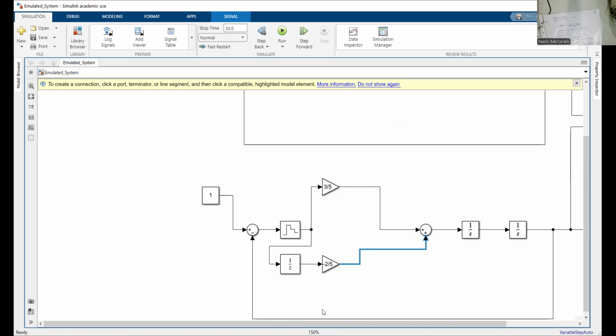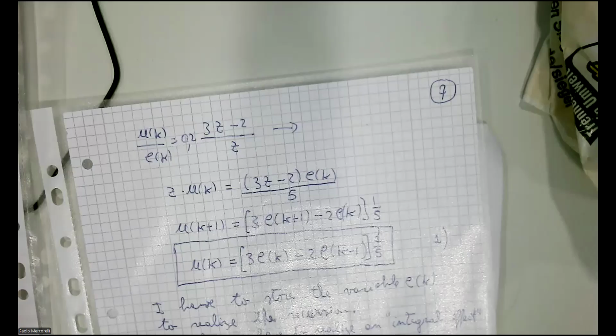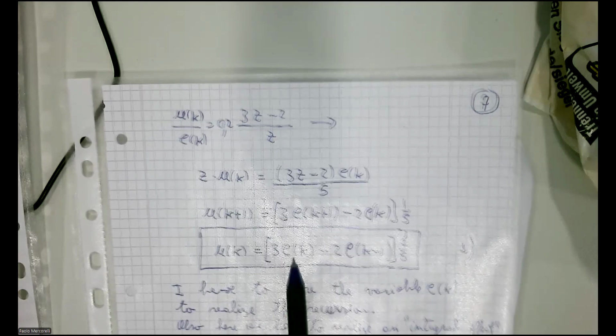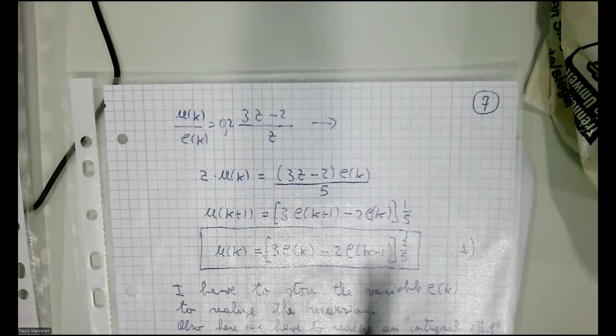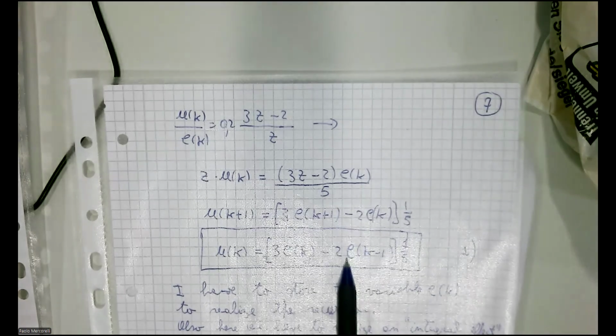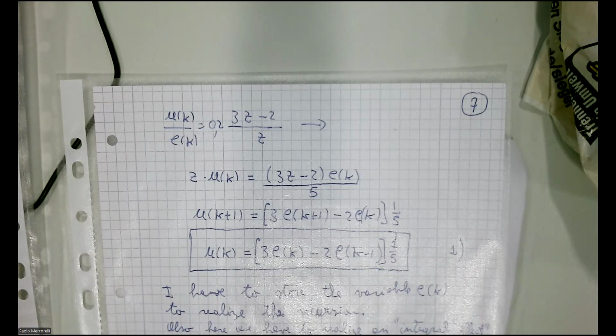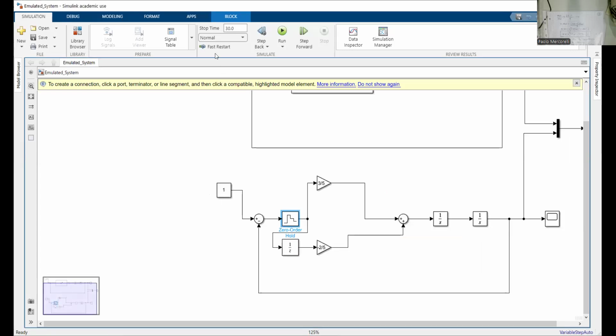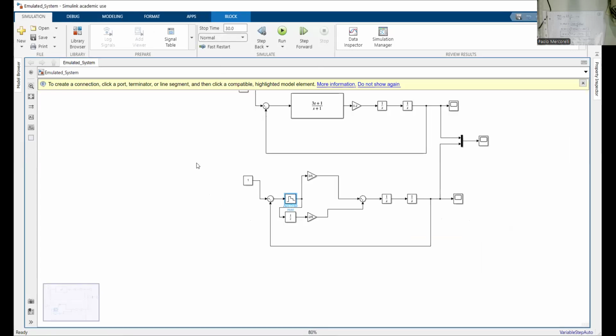Let me see. That is 3 divided 5 multiplied by e of k, not delayed, minus 1 divided 5 multiplied by e delayed. It's exactly the controller, but please pay attention, T equal 1. Where is T? It is here, the sample time. Let me show you now the results.